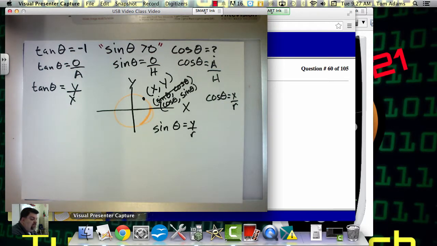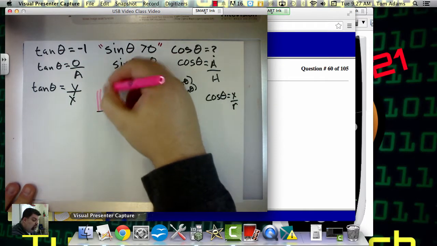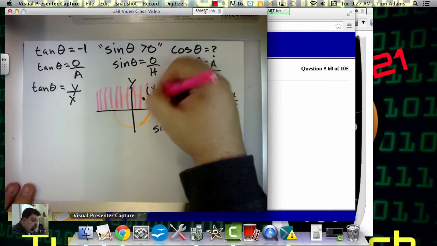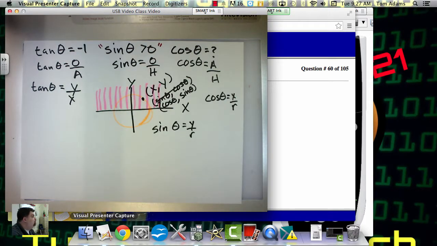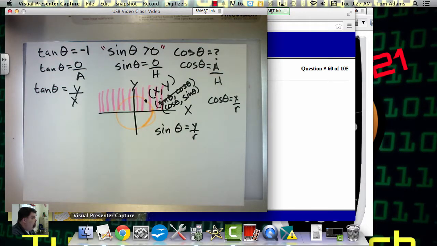So it says that sine of theta is greater than 0. That means that the y value is positive, which occurs in quadrant 1 and 2. Now we have a negative tangent value.